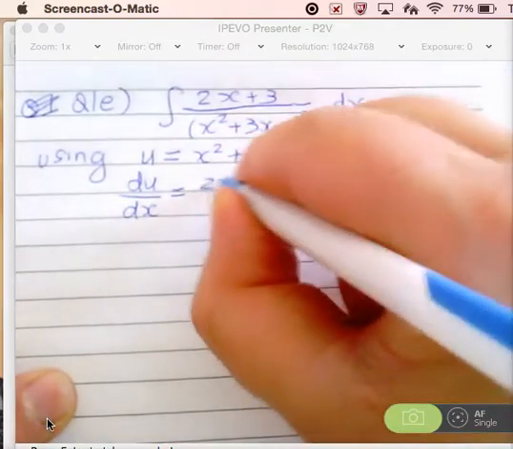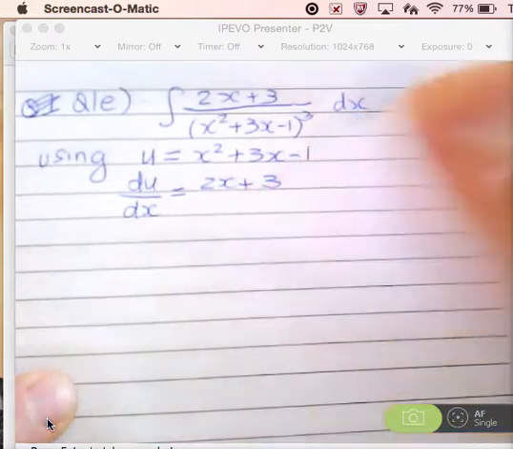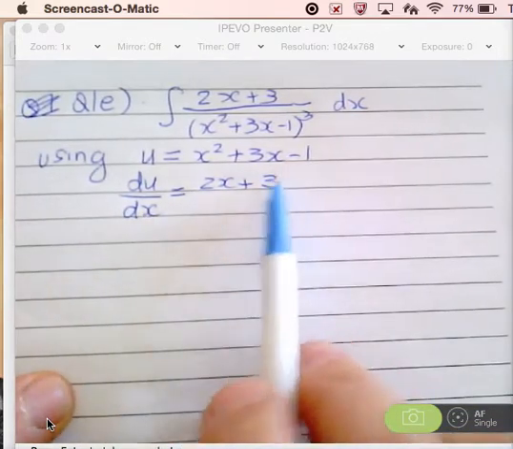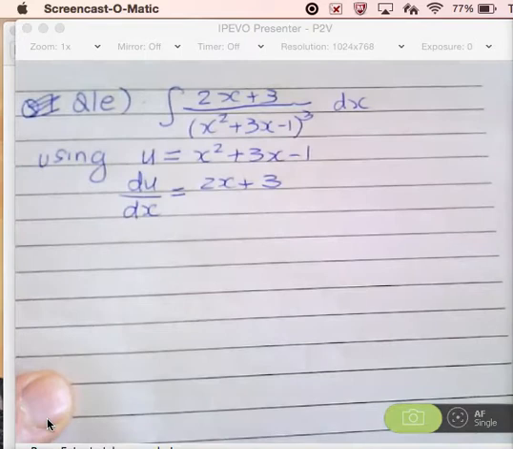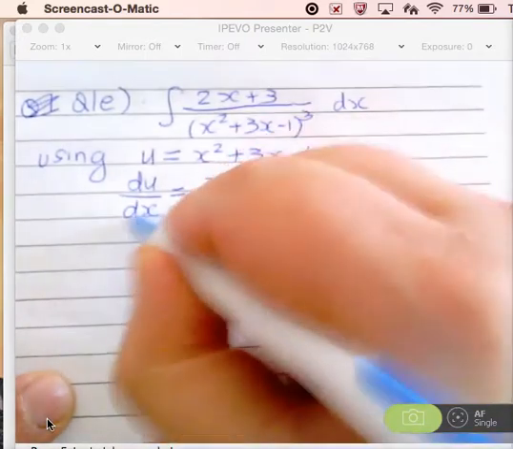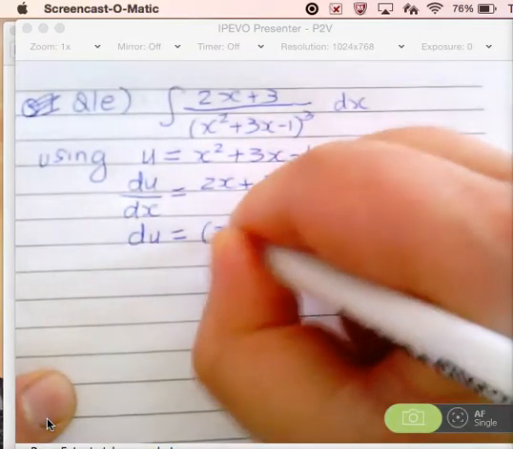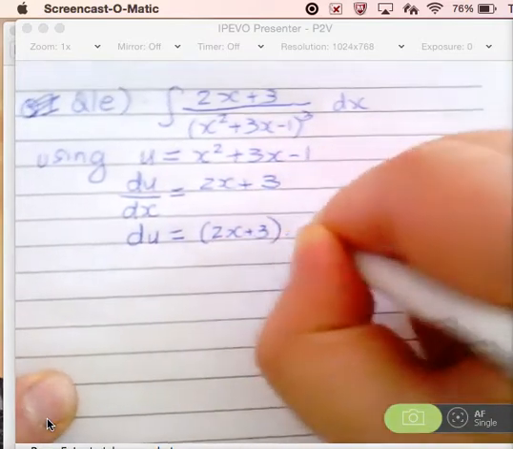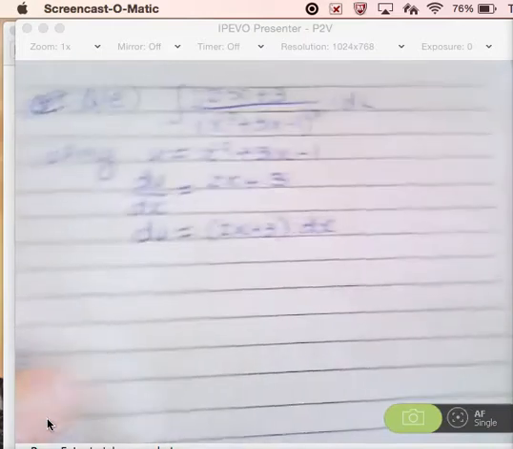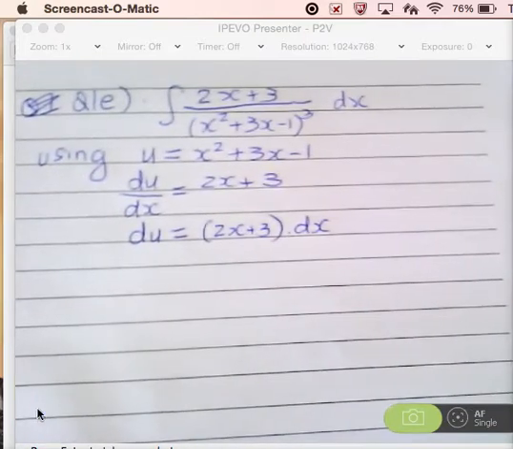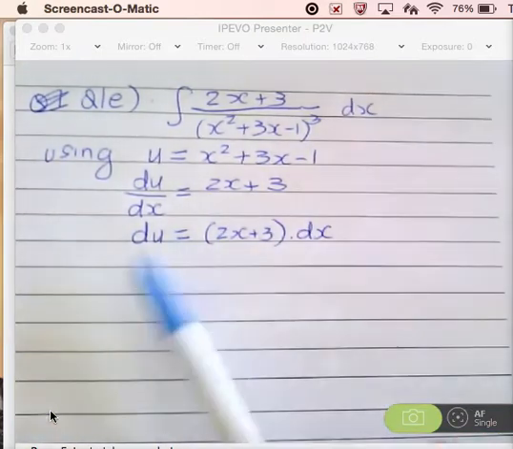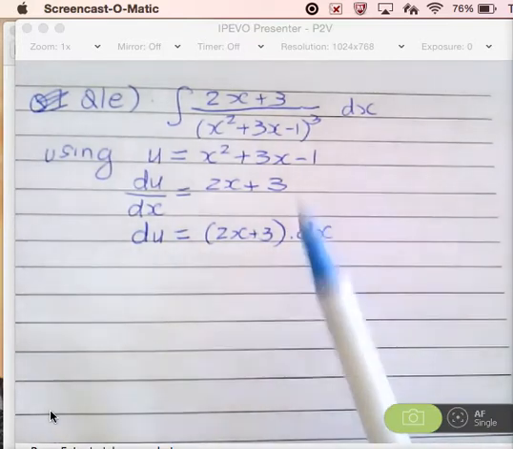2x + 3. Now these are easy ones, girls. So actually, instead of making dx the subject, I'm going to do something else. Therefore, du is (2x + 3) times dx. This is actually better to do it this way.